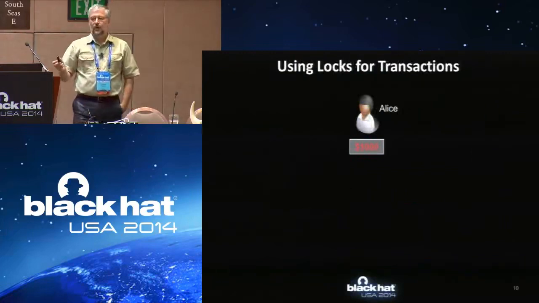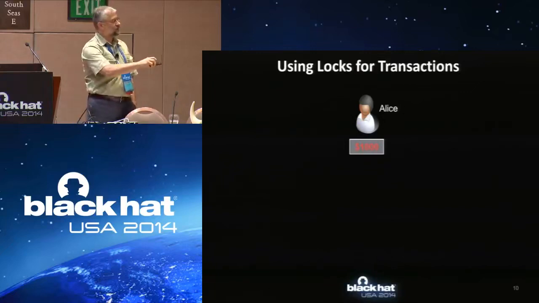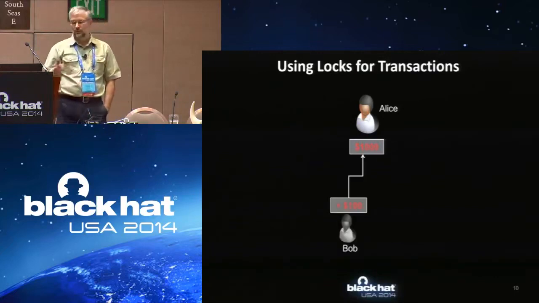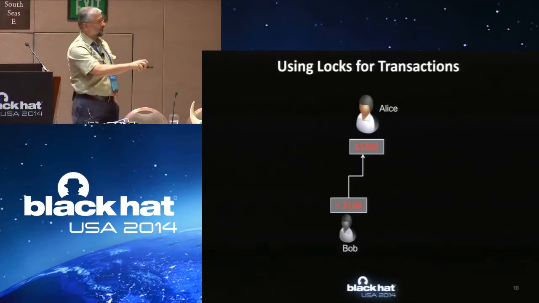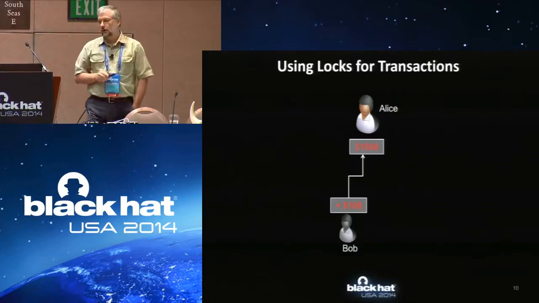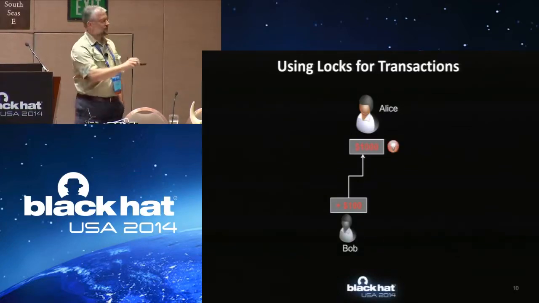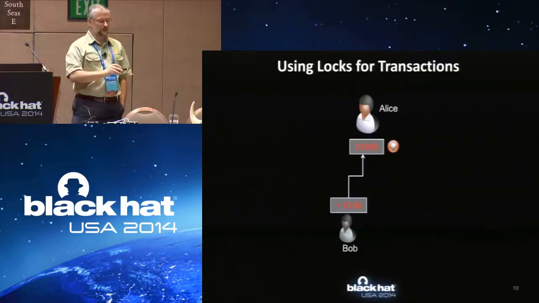Let me explain to you how typically locks are used in software. As I said, Alice, let's imagine, has $1,000 in her account. Then a thread comes about which wants to add $100 transaction transfer from Bob. And that transaction should add 100. So to make it safe, that thread puts a red lock onto that memory cell so that all other processes in the system would wait.